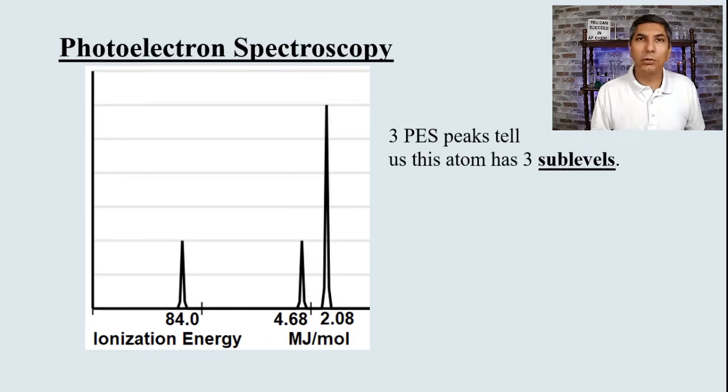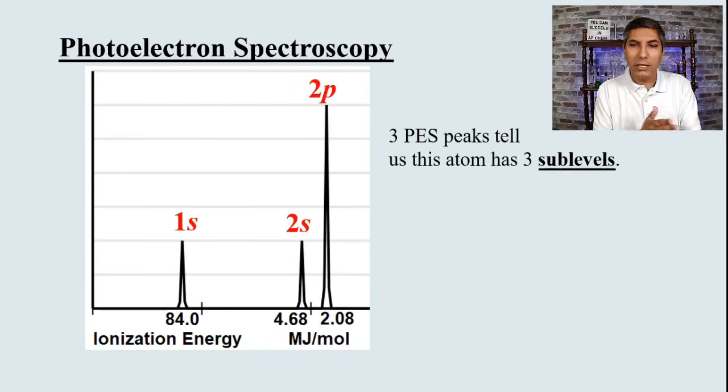And we named those sublevels, and if you were paying attention in the last topic about electron configurations, you know what those sublevels would be called. They're called 1s for the first one, and then 2s for the next one, and then 2p for the third one. If there were a fourth one, you know it would be called 3s, right? There's an order with which we label these. And we just label these in order from left to right, 1s, 2s, and 2p.